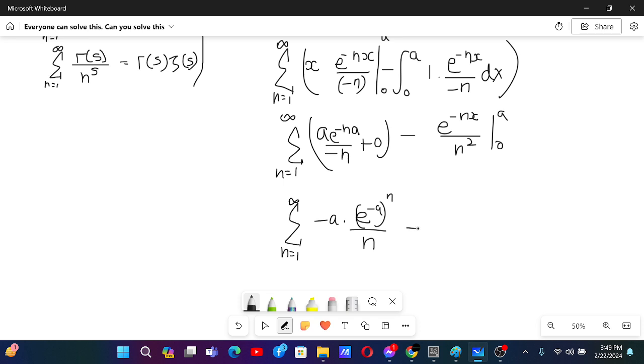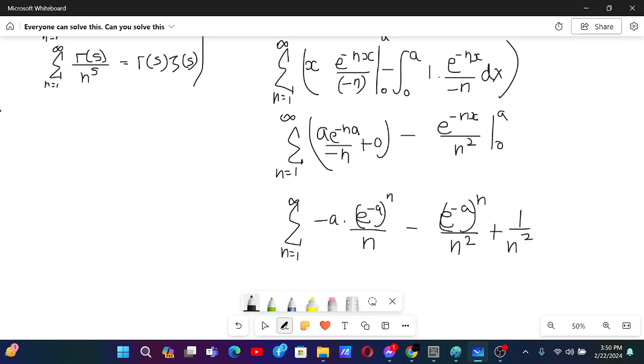And then minus, now it will be e to the power minus n a, so minus a to the power n by n square. And now at 0, this will just be 1 by n square, but minus minus will be plus. So 1 by n square.